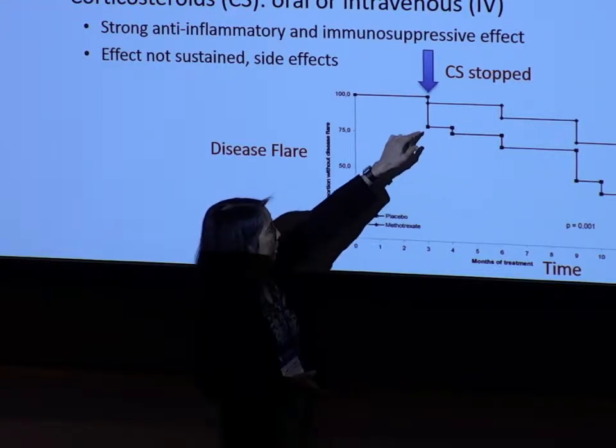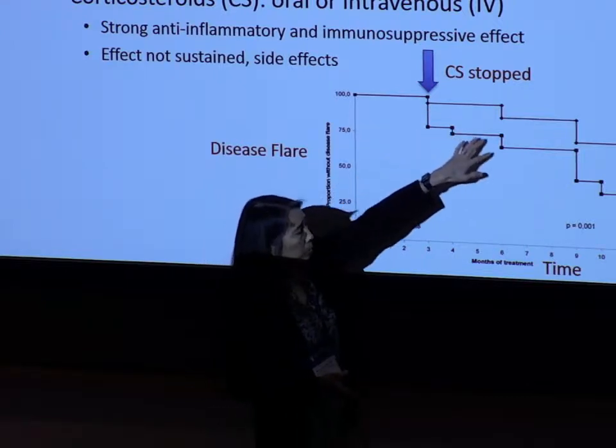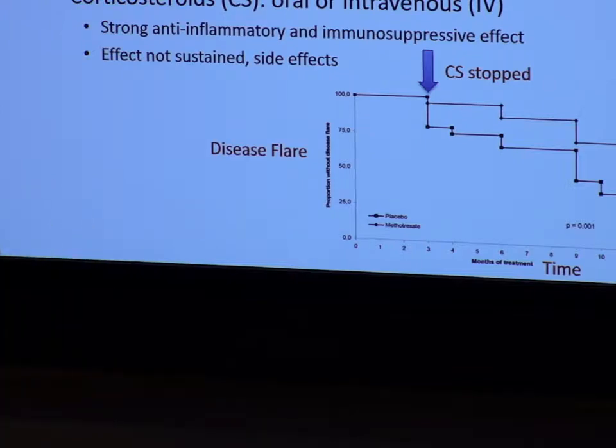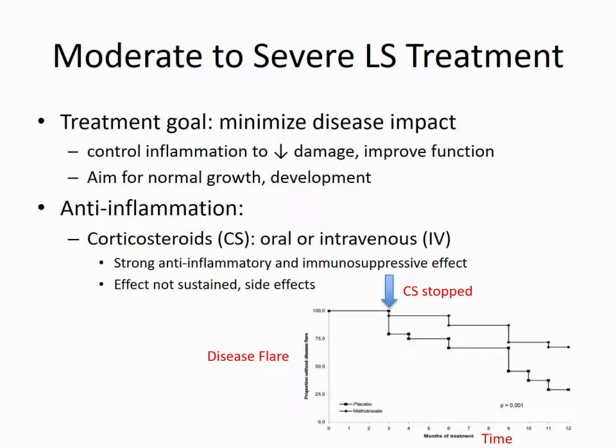In the ones on placebo, more of them flare, whereas the top line is for methotrexate. So methotrexate is beneficial, steroids are helpful, but as I'm sure most parents in this room know, steroids have a lot of bad side effects if you keep using them: mood issues, immunosuppression, and growth issues. So we don't like to use them for long-term management.